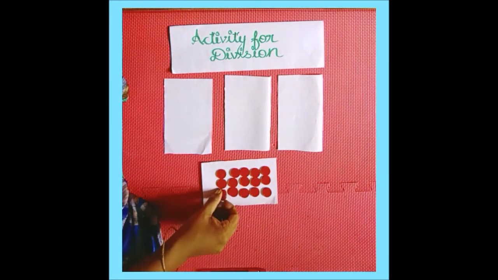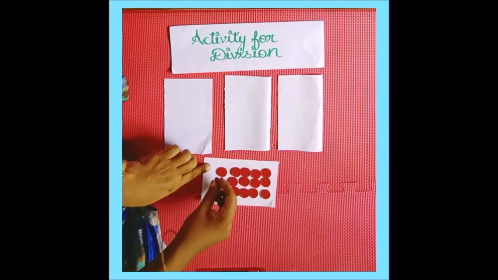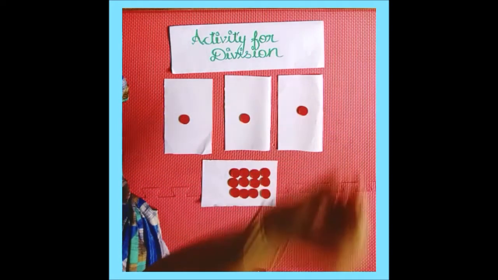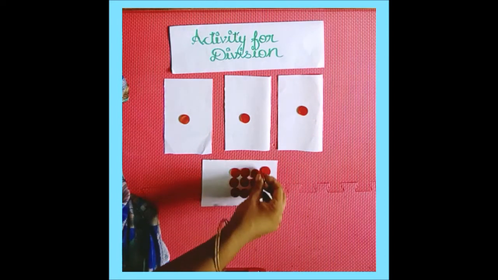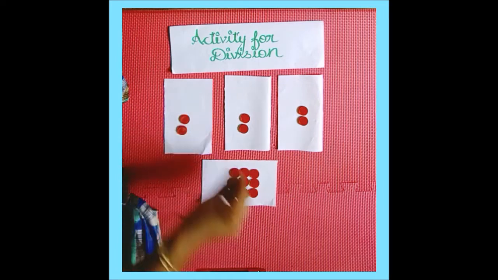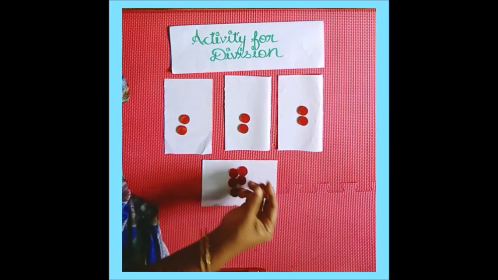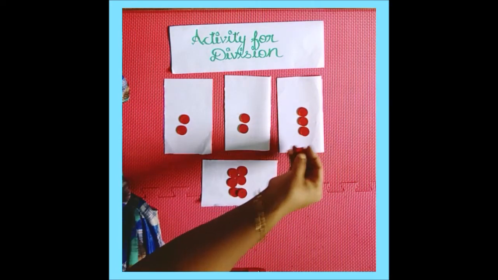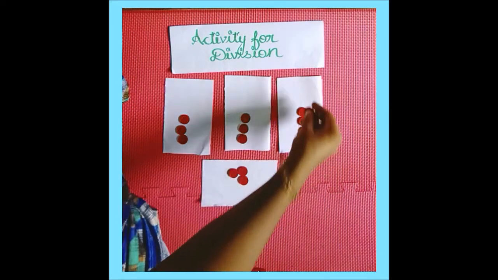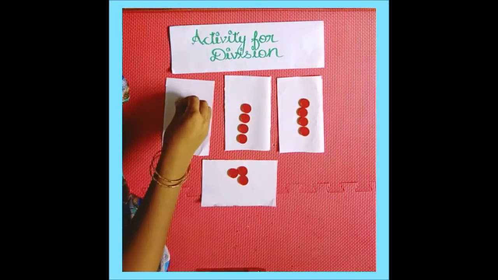For that you have to take 3 coins at once and give 1 to each part. Similarly you have to do for the remaining coins.